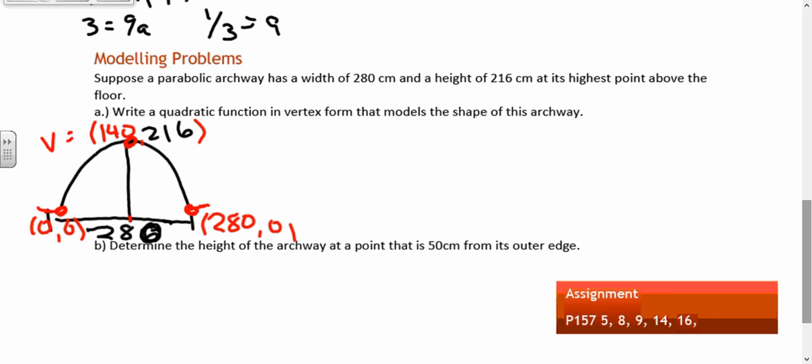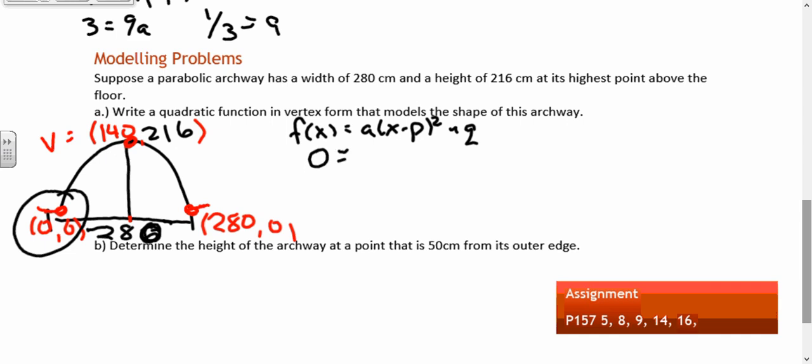When we look at this, let's plug in some values. f of x is equal to a(x minus p) squared plus q. Let's plug in this point because it is the easiest point, and we'll plug in our vertex at the same time. So 0 is equal to a(0 minus 140) squared plus 216.